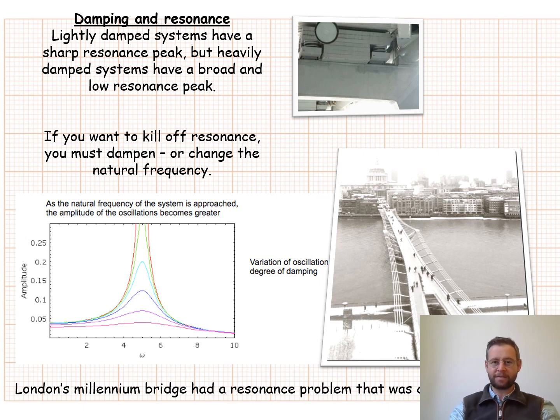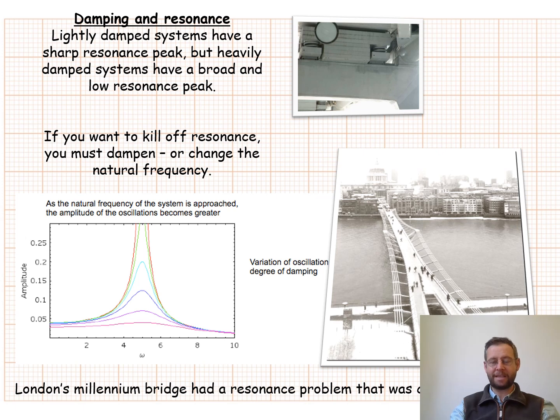So there are two things. First of all, damping actually changes the natural frequency of vibration of the object just slightly. And also, as the natural frequency of the system is approached, the amplitude of the oscillation becomes greater. If the system is lightly damped, there will be a sharp resonant peak. But a heavily damped system will have a much broader and lower resonant peak.